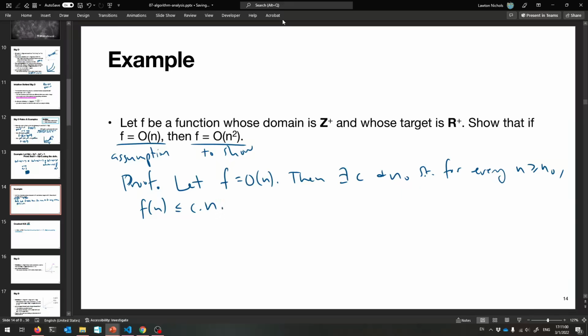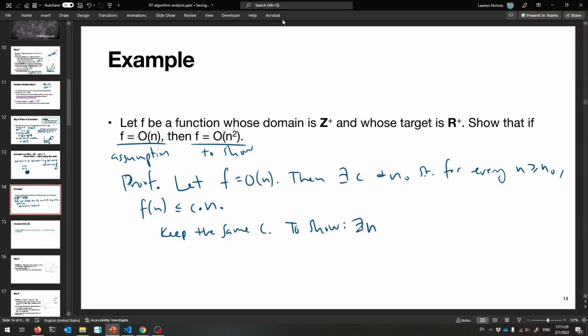And let's prove that f of n is also big O of n squared, okay? So we'll keep the same c, and I'll show you that the same c will work. Assuming we do that, to follow this definition, there is some c, we found it, let's just pick the same one.